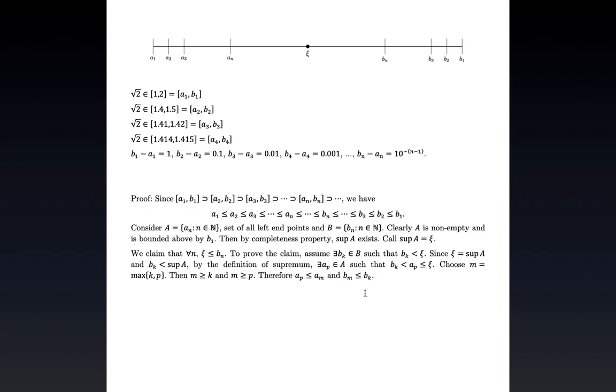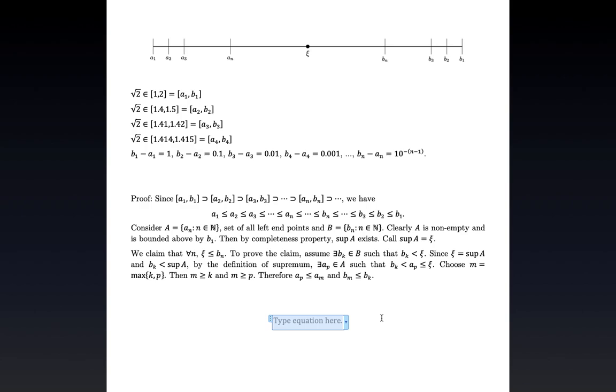This comes from the nestedness of this collection, like A1 less than or equal to A2 less than or equal to A3. Say your K is 100. So let me write over here, K is 100.